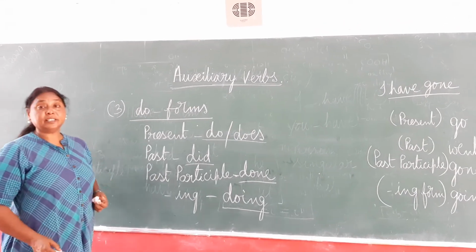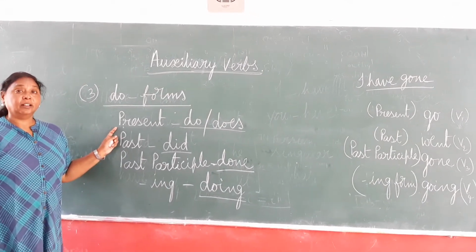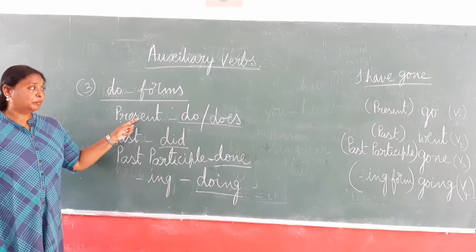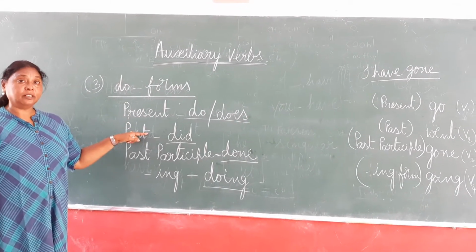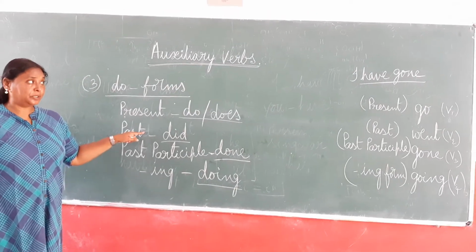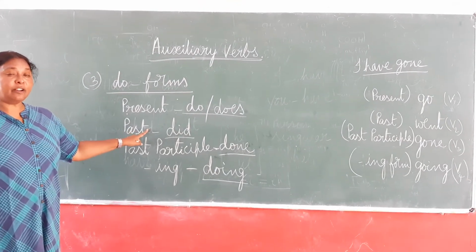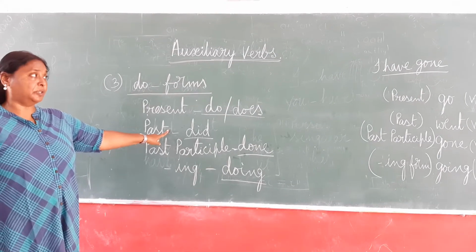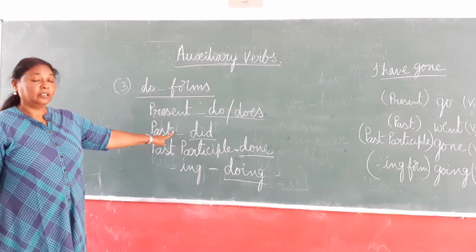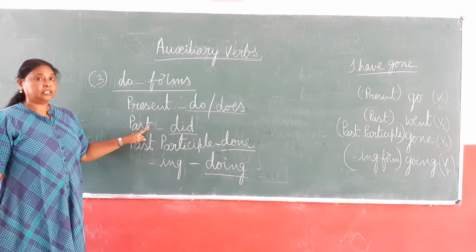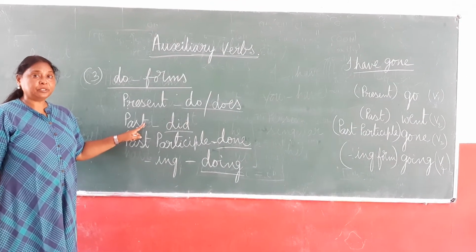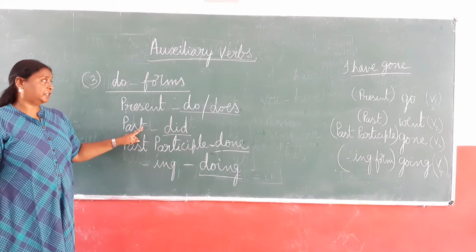When I am explaining these do form auxiliaries, you have to be more focused because these do forms serve many different purposes, unlike the have forms and the be forms. I said the be forms are used in continuous tense and the have forms are used in perfect tense.